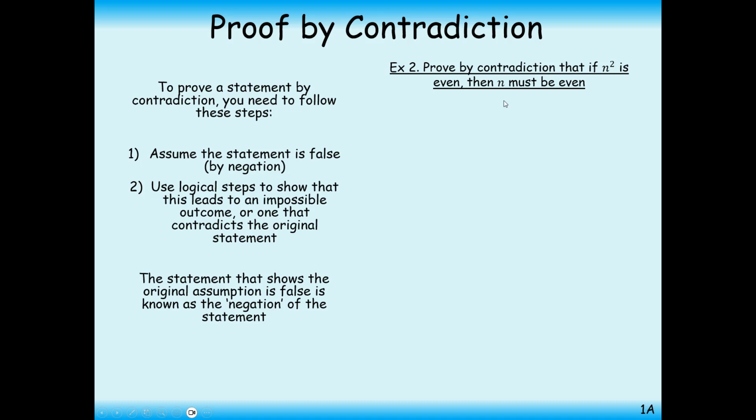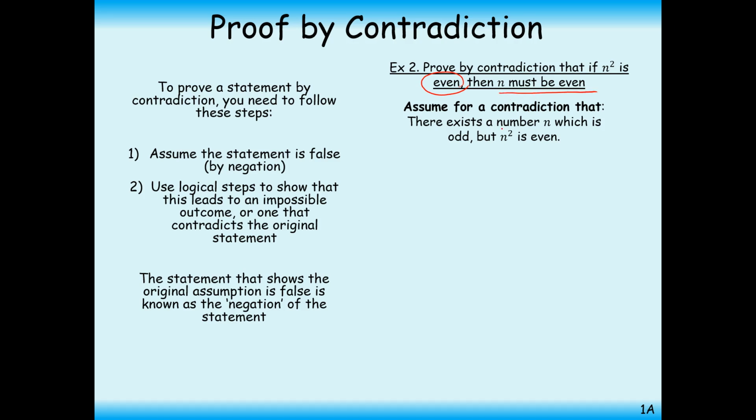To contradict this, we are going to assume that there exists an n which is odd, but n squared is an even number. So what we are contradicting is that n squared is even.